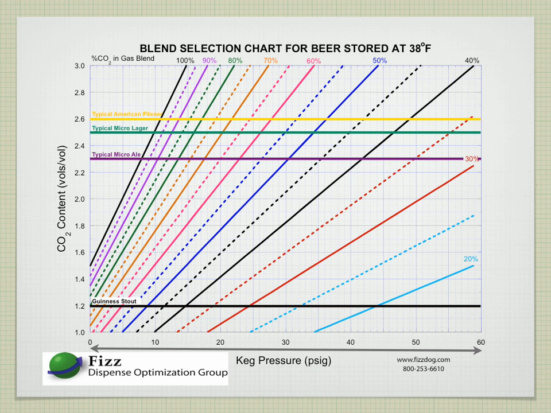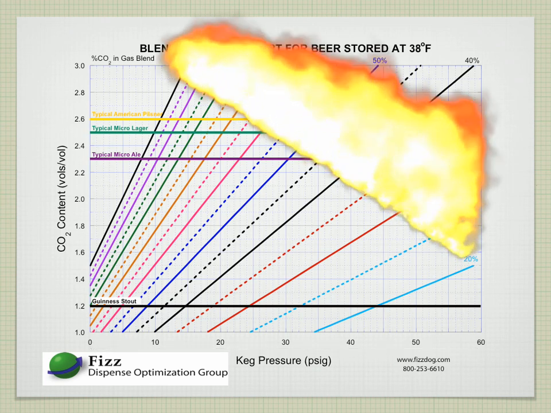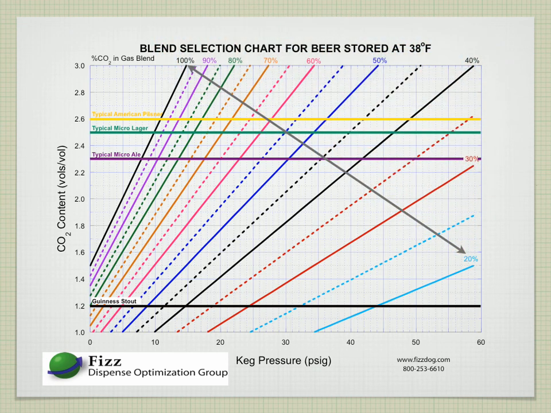Also, you'll notice all the different colored lines that kind of come out from the lower left-hand side. Those are CO2 percentages. So from 100 in the upper left to, say, 20% down in the lower right.